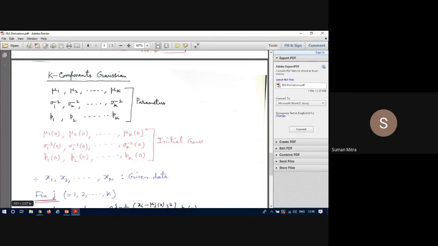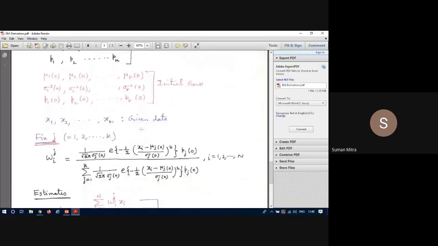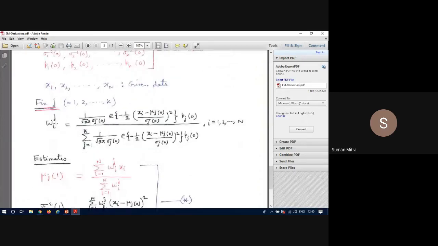So what will happen in EM? We will have an initial guess of all this. For this initial guess, I will find the numerator by denominator, n by d. So this is my n by d. What I say n by d is w i j.